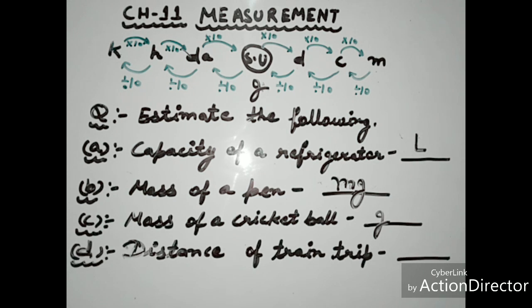The next example, example number D, distance of a train trip. The estimated unit of distance of train trip is, it is a long length or distance, so we use kilometers.